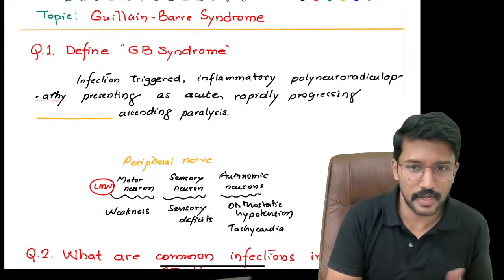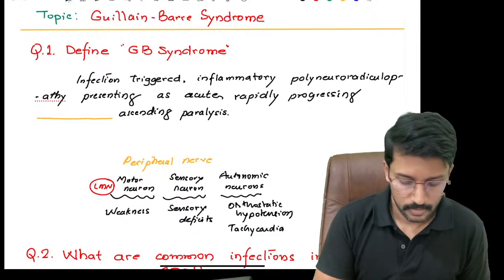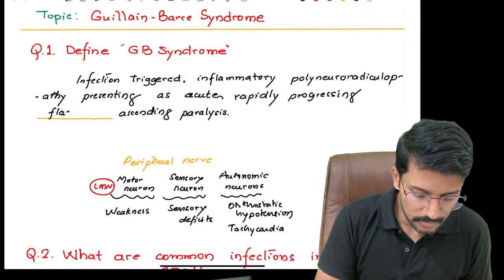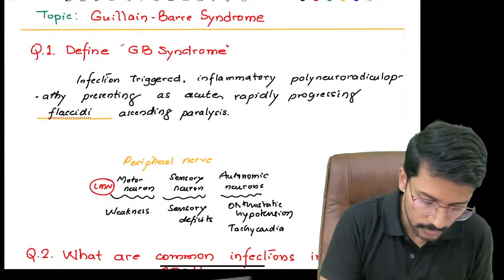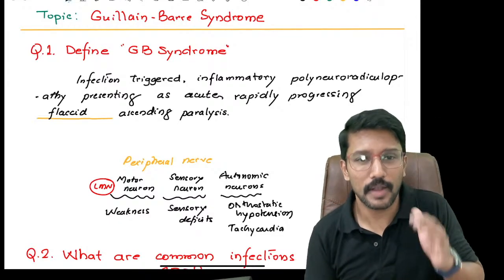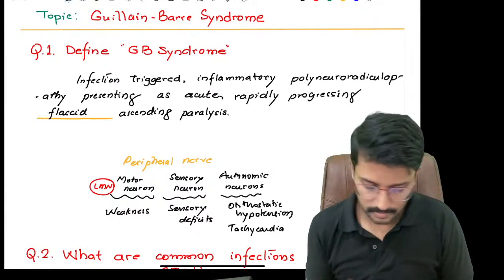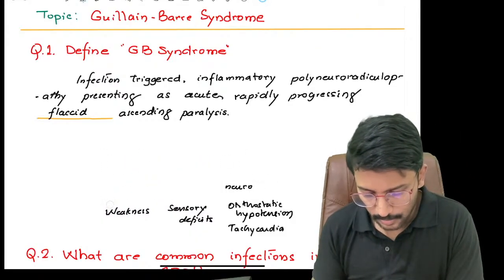So what should I write here? Flaccid, spastic, or rigid? So flaccidity is the term used for hypotonia, right? So these patients typically present with rapidly progressing flaccid ascending paralysis. Absolutely right. Rapidly progressing flaccid ascending paralysis.